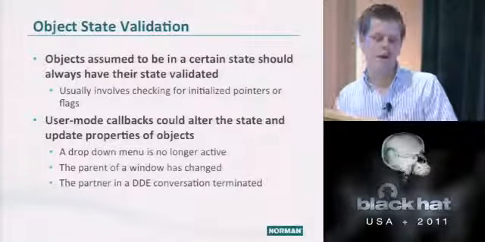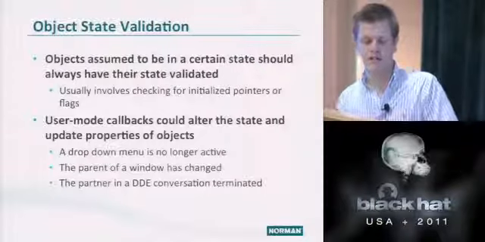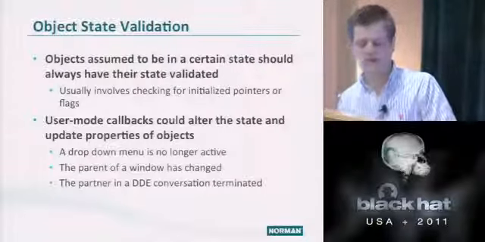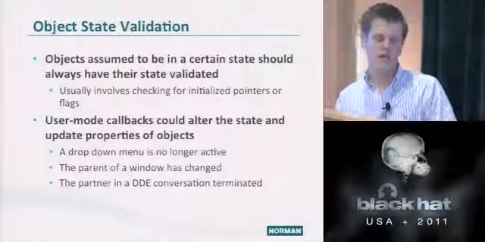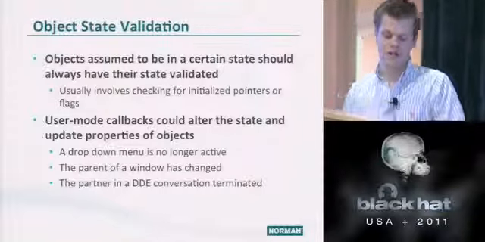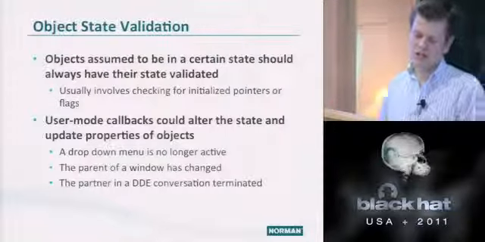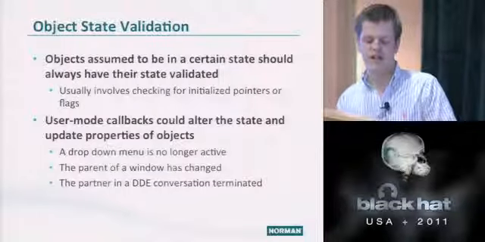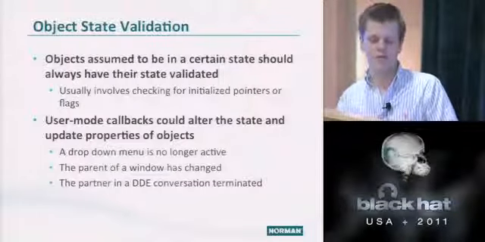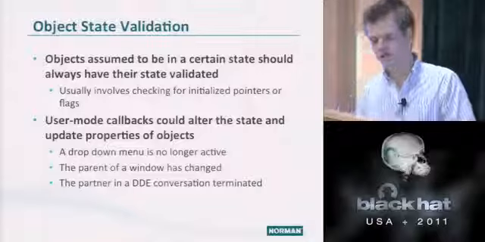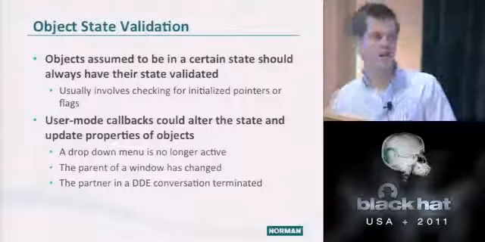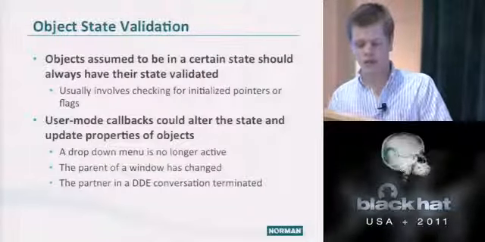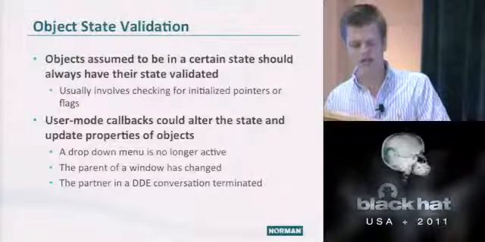And user mode callbacks could alter the state of the object properties. So a drop-down menu could no longer be active. A parent of the window has changed. If you have a DDE conversation, the partner or the opposite party could be terminated. So there's a lot of things you need to check, even though you might think there is not much to check for.